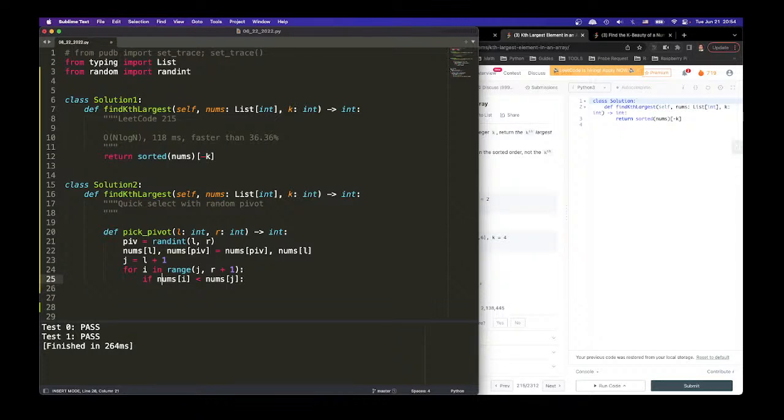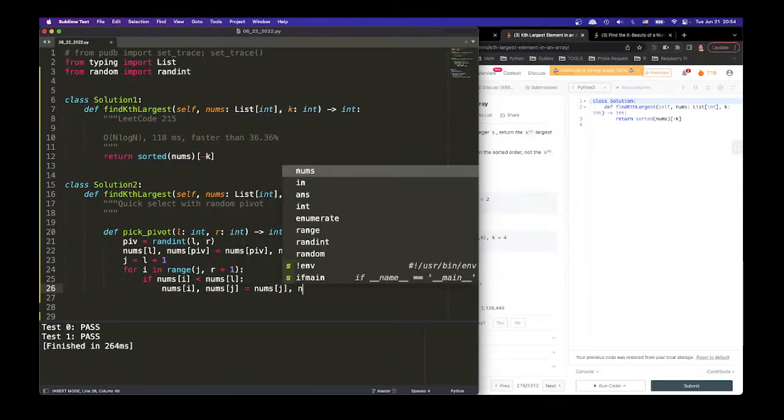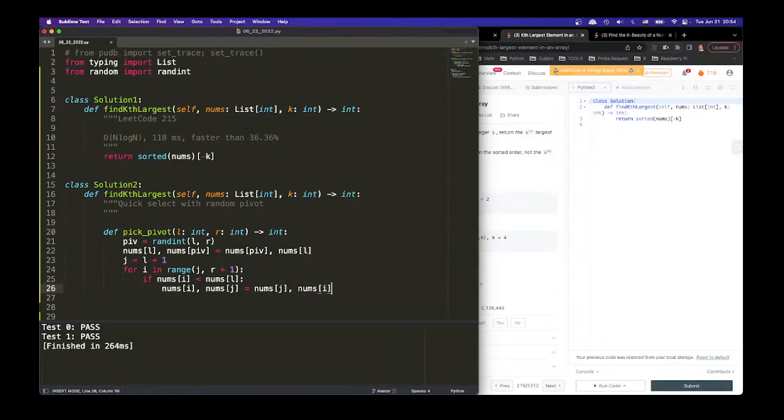So nums i, nums j equals nums j, nums i. Alright? So basically if at any point this is smaller, then we swap. And after the swap, j plus equal 1. So we move j forward.